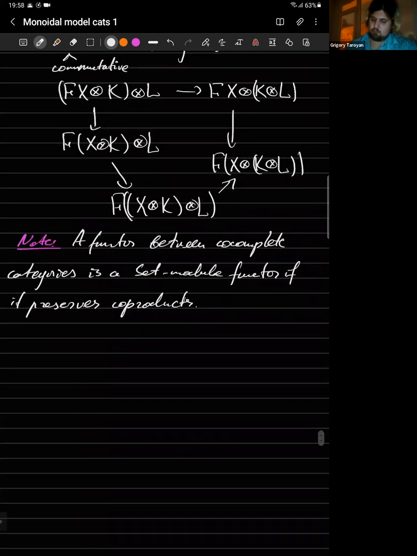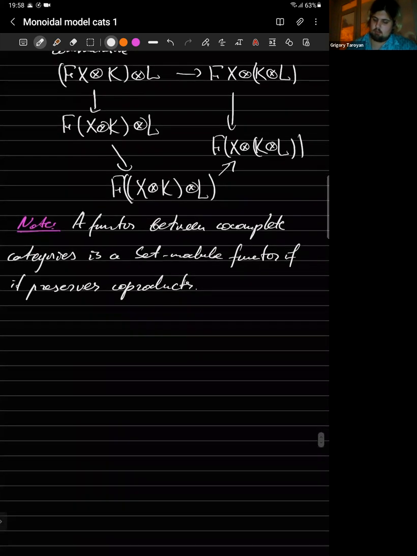Okay, so now let's move on to natural transformations between functors of C modules.